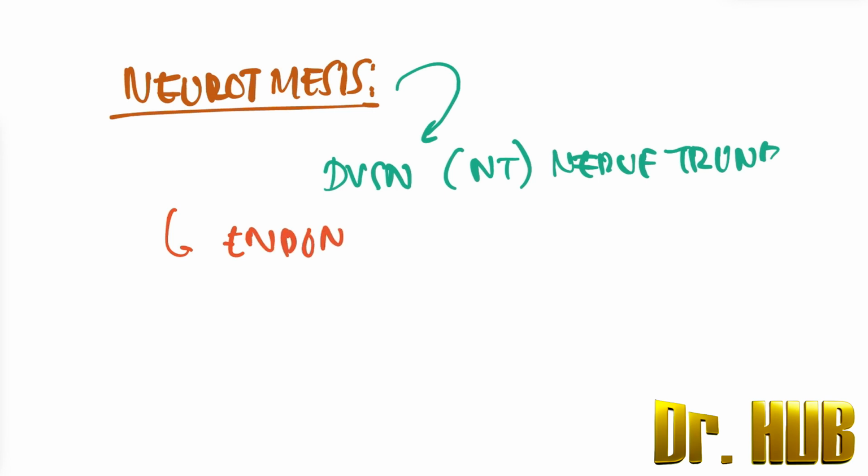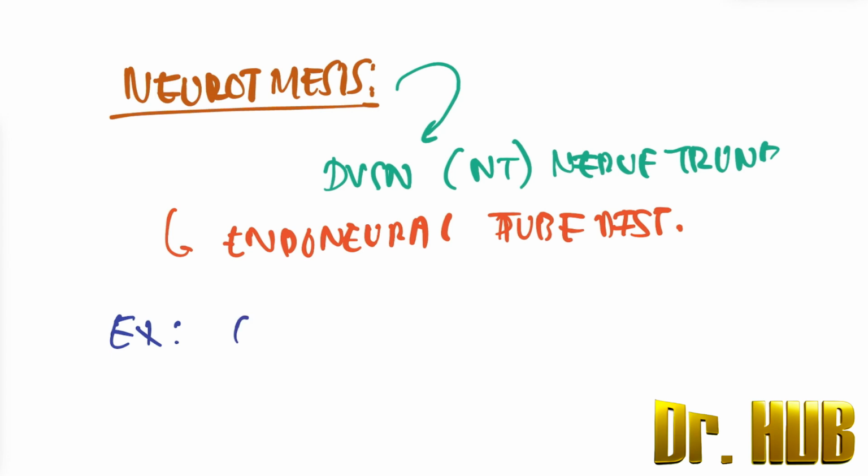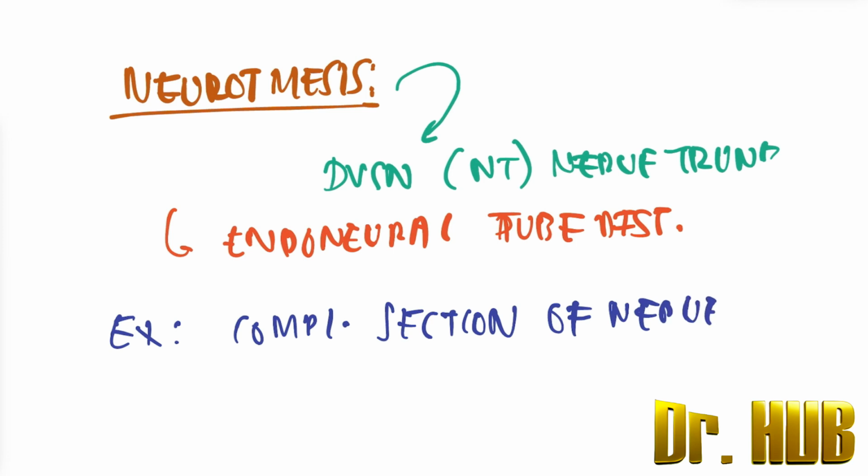This is a very severe form. The example here is a complete section of the nerve in open fractures. So closed fractures mean axonotmesis, and neurotmesis is a complete section of the nerve in open fractures.